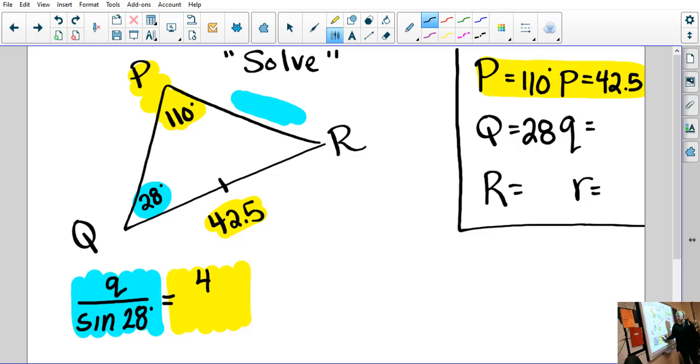And I know little p, and I know the angle at P. So there's always going to be a pair that you know. And then there's going to be another pair that you're missing one piece of information for.